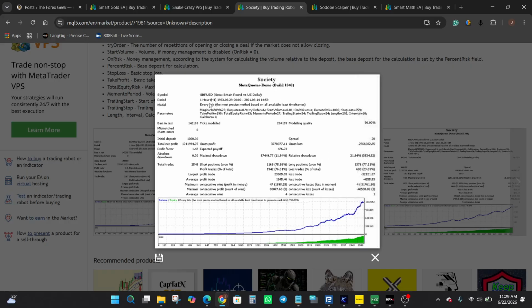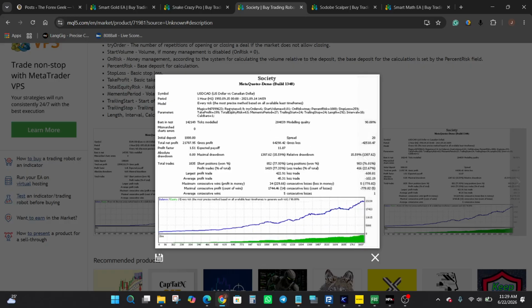In this case, we have GBP USD 1 hour time frame, same initial deposits, but here we have over $1.2 million in total net profit, 76.31% win rate. This is for USD CAD, 21,787.95 net profit, and we have a 77.33% win rate.